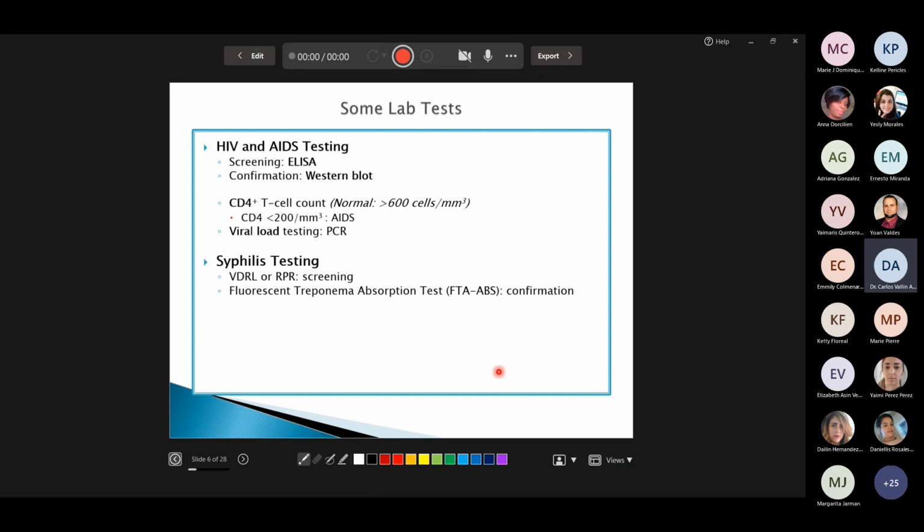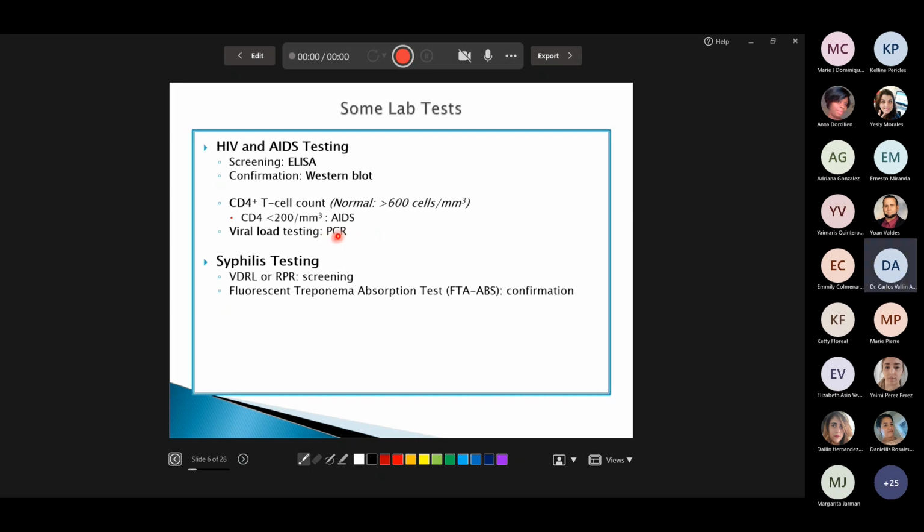The person that we know has the virus is going to be tested regularly to determine if the antiviral treatment is working, with two tests: the count of CD4 positive T lymphocytes, or T cells, and the viral load through polymerase chain reaction, the PCR.